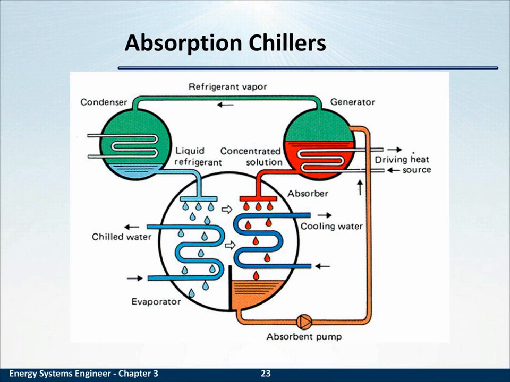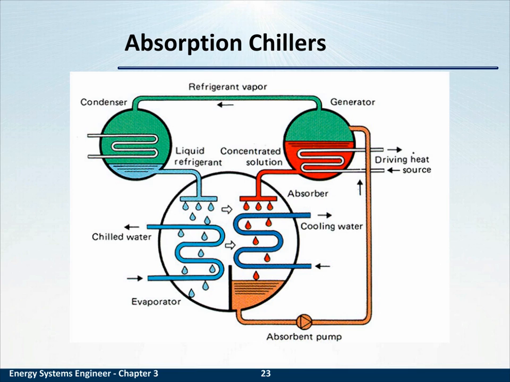And that uses significantly less electricity than that for compressing the refrigerant for an electric chiller. Now, when the heat is added at the high pressure generator from some excess or waste heat source, the added heat causes the refrigerant to desorb from the absorbent and vaporize.